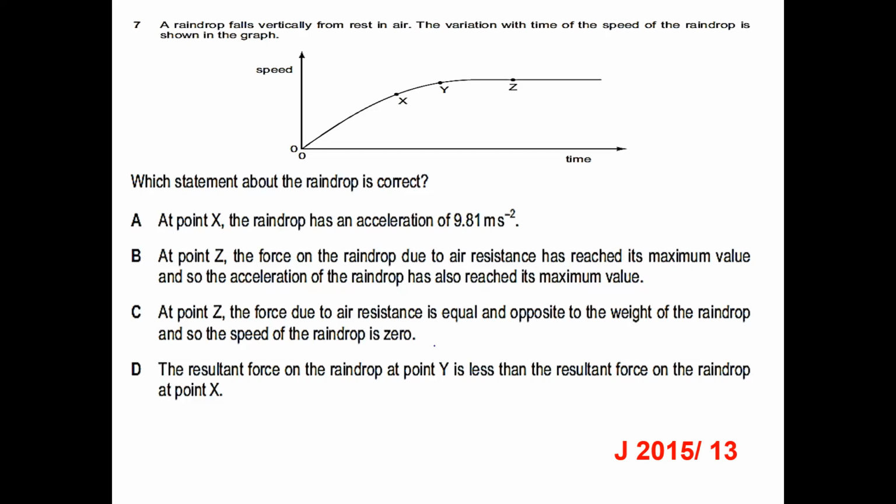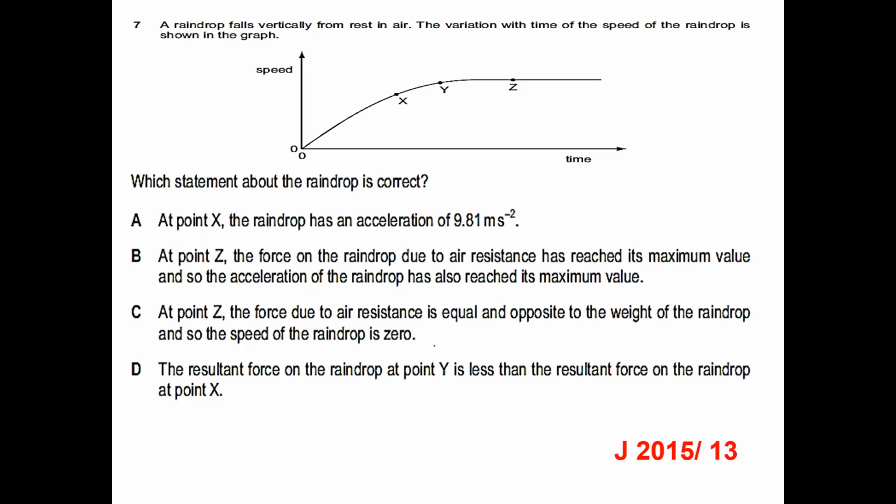At point X, it's a curve, not a straight line. Secondly, it's falling through air. It's a raindrop, and for a raindrop, air resistance can't be negligible.